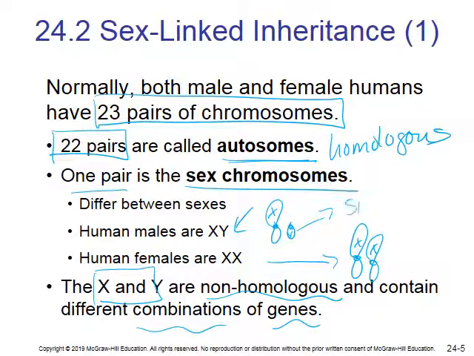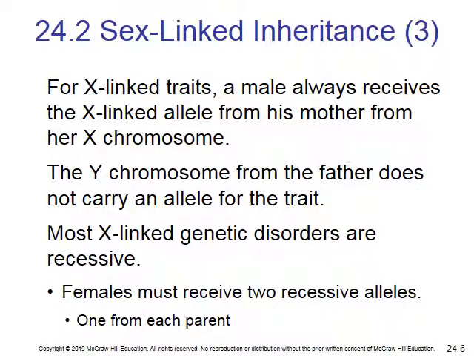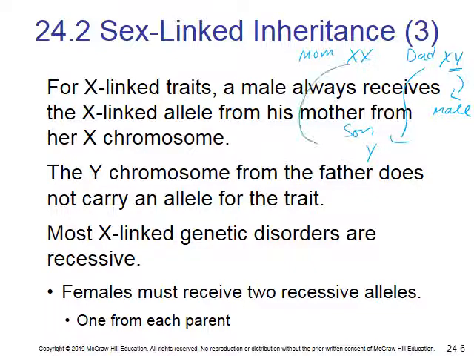On the Y chromosome, we're going to see a gene called SRY, which is basically what causes the embryo to develop male characteristics. So if mom is XX and dad is XY, and Y makes you male, if you're a son, you had to get your Y from your father, and you had to get one of your X's from your mother.